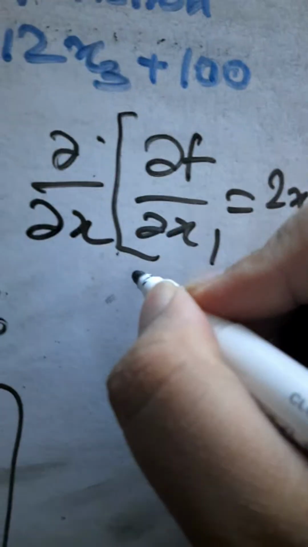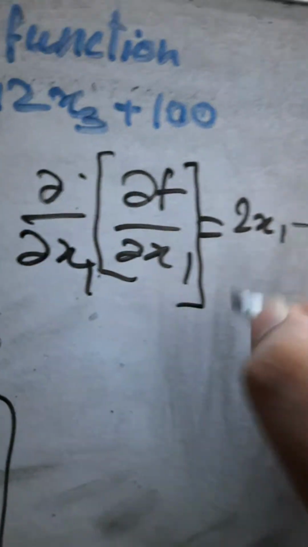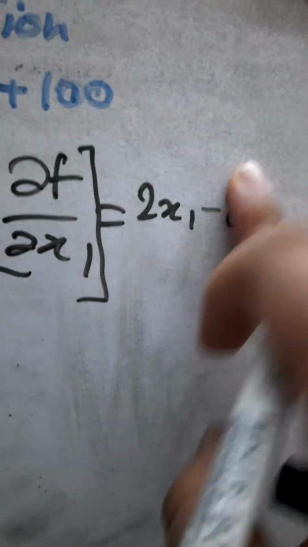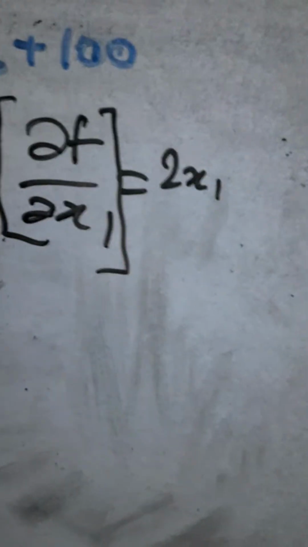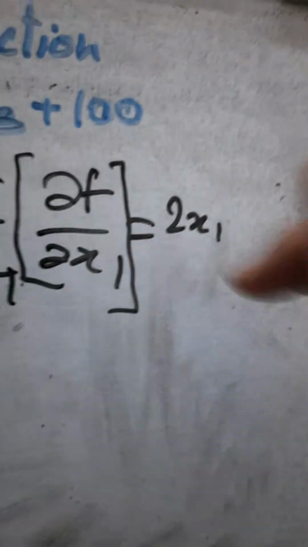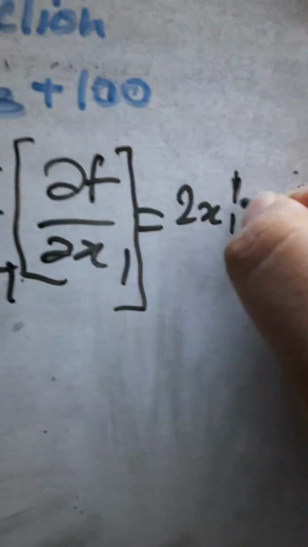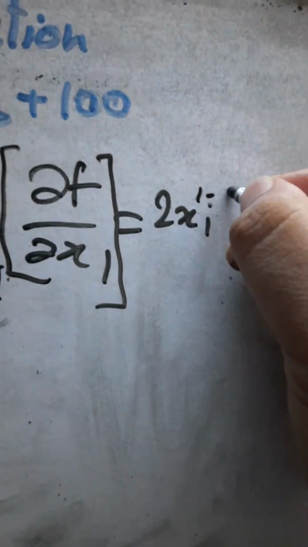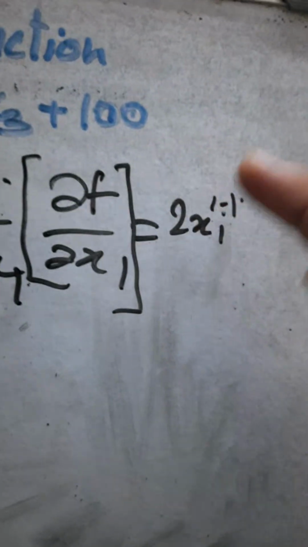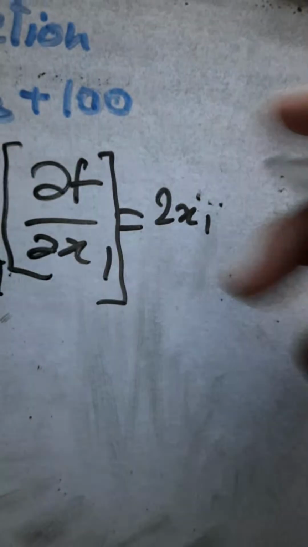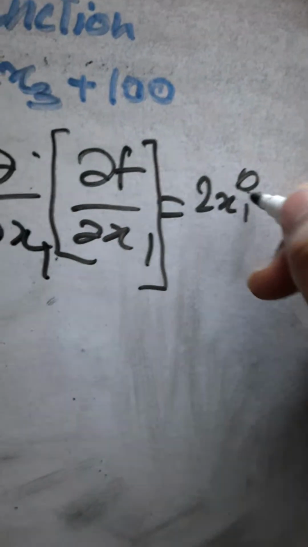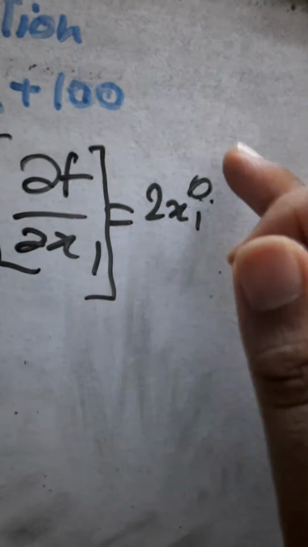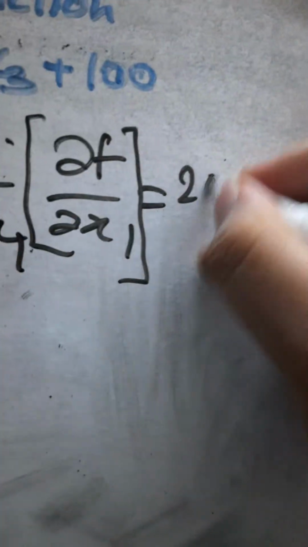Since we are again differentiating it with del by del x1, only the x1 term is remaining. This constant will become 0 after differentiating, and this has power 1, so 2 into 1, and the power will be 1 minus 1, since nx raised to n minus 1. So this will become 0, and anything raised to 0 is 1. So what is remaining? 2.